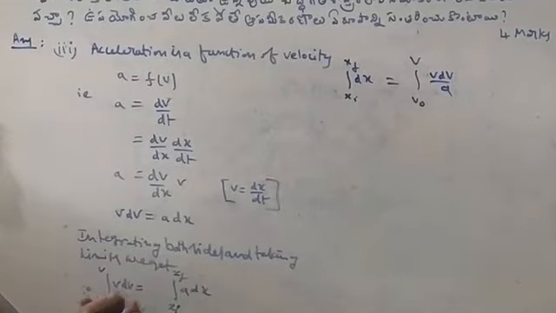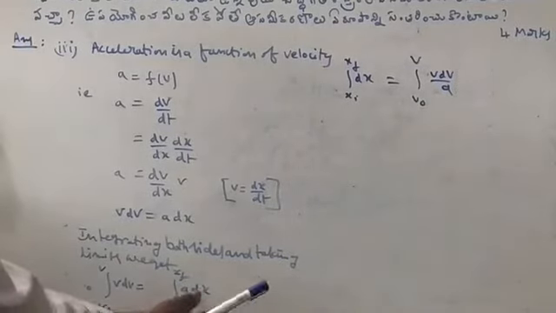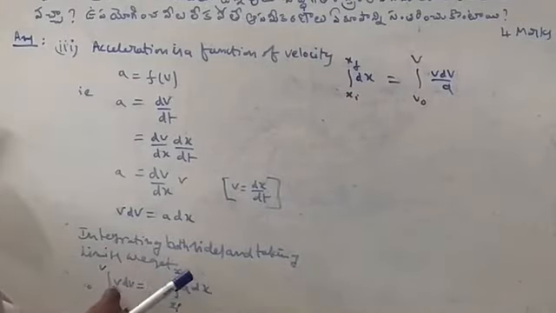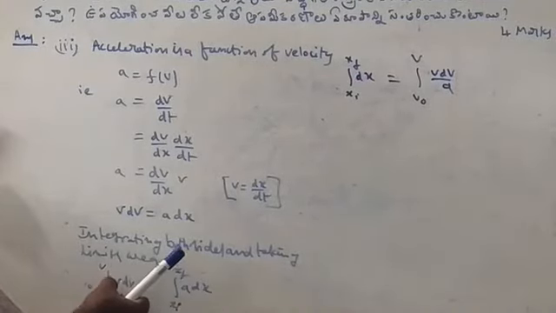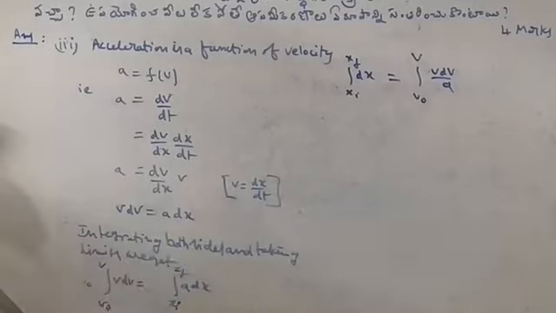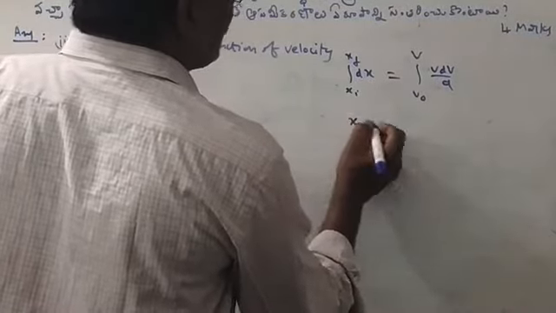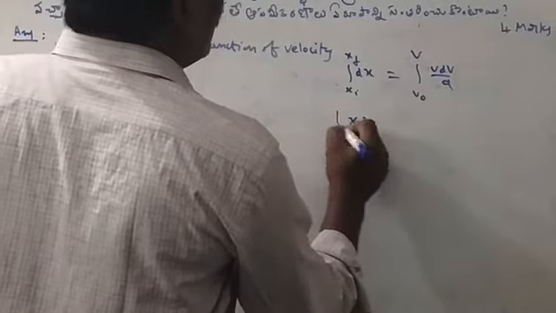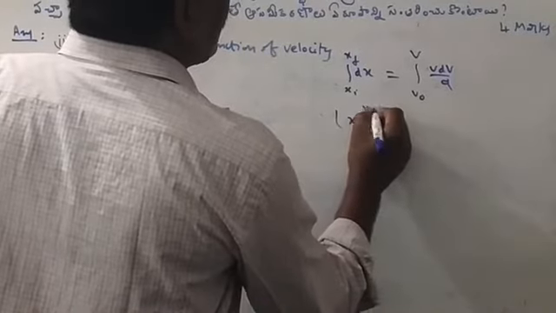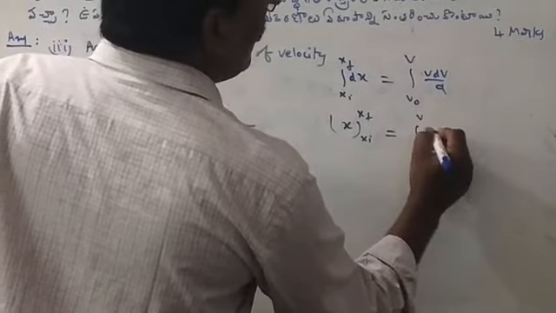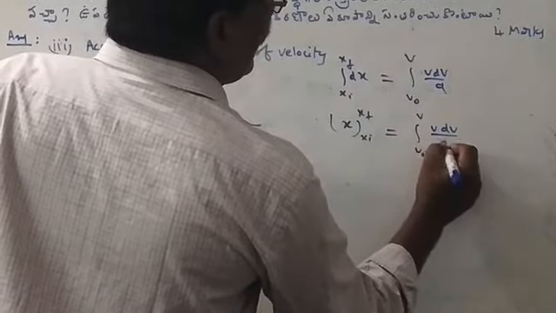Integral xi to xf dx is equal to integral v naught to v dv by a. That is equal to integral dx means x, limits xi xf, is equal to integral v naught to v dv by a.